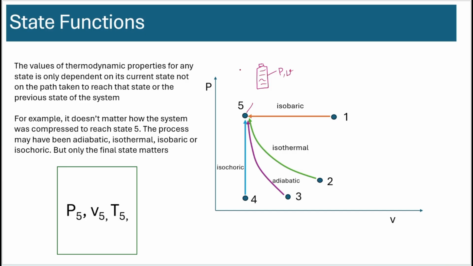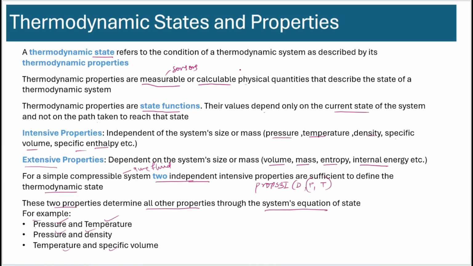The thing to note here, I forgot to mention this, is that specific volume is an intensive property, but volume is not an intensive property. I assume you already know the difference. Specific volume is volume per unit mass, so it's basically the inverse of density.